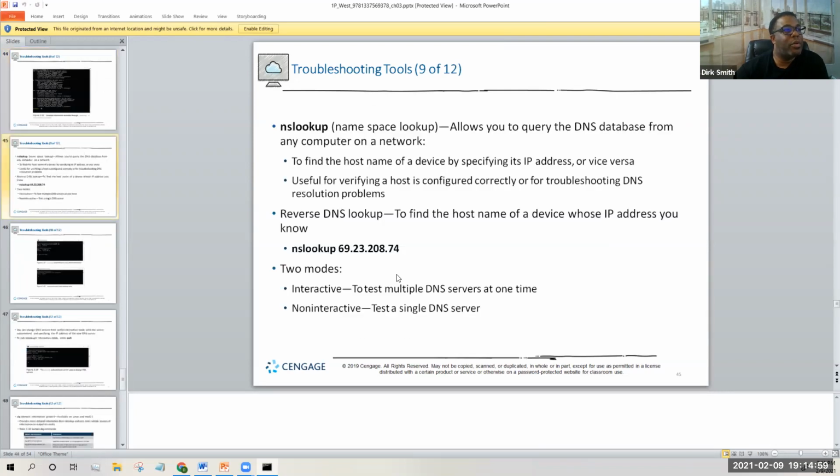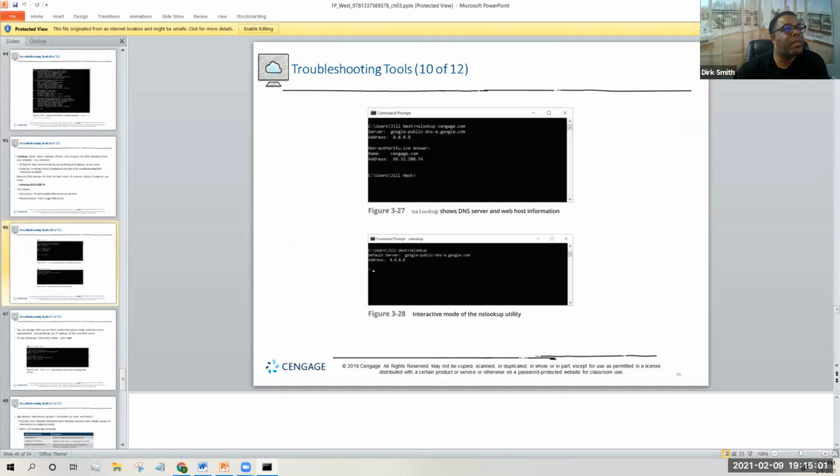So for time's sake, they typed up here nslookup cengage.com. The server, Google public DNS server, that's the address. And then it came back with cengage.com, and this is the IP address of Cengage.